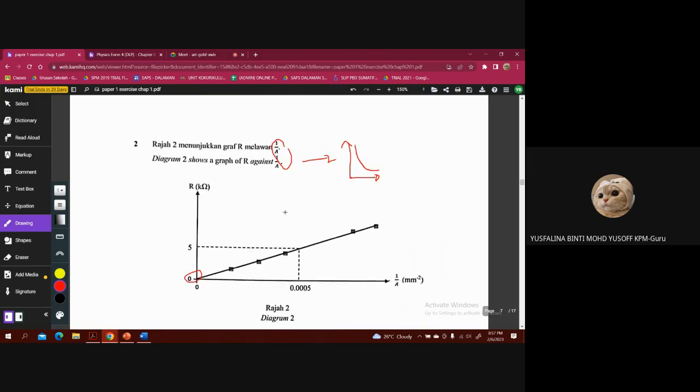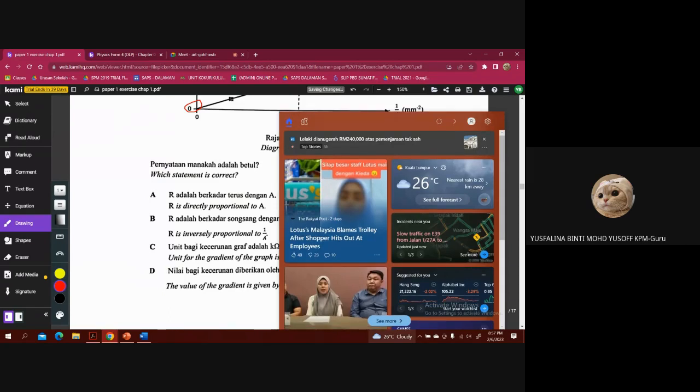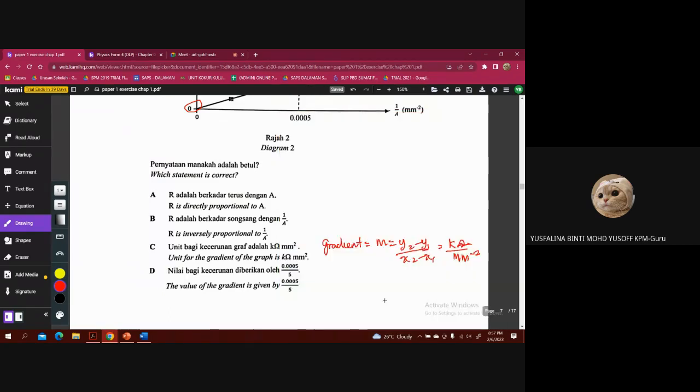So what is your y-axis unit? Kilo ohm. And x is mm to the power of negative 2. So the unit is kilo ohm mm negative 2. Then the unit for the gradient is k ohm mm power of 2.